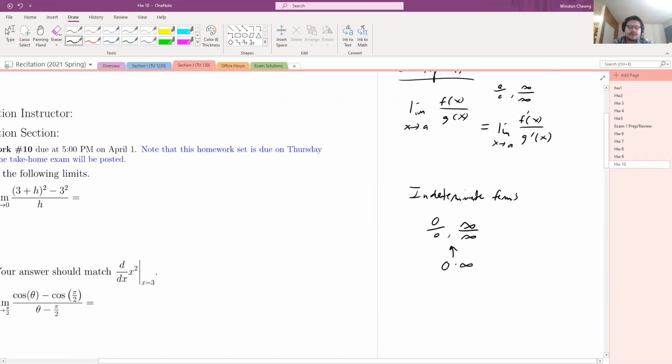The idea is that you can get from 0 times infinity to either of these two by reciprocating one of the two products. If you reciprocate the 0, then 1 over 0 is kind of an infinity, so you would get infinity over infinity. If you were to reciprocate the infinity, well, 1 over infinity is kind of like a 0, and so you would end up with 0 over 0. So going from this product to one of these two is just by reciprocation.